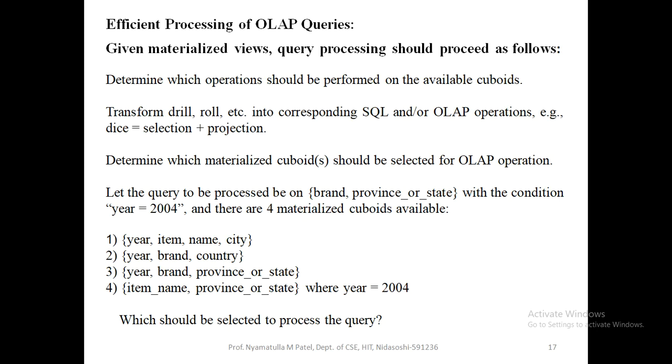This involves identifying all the materialized cuboids that may potentially be used to answer the query, pruning the set using knowledge of dominance relationships among the cuboids, estimating the cost of using the remaining materialized cuboids, and selecting the cuboid with the least cost.